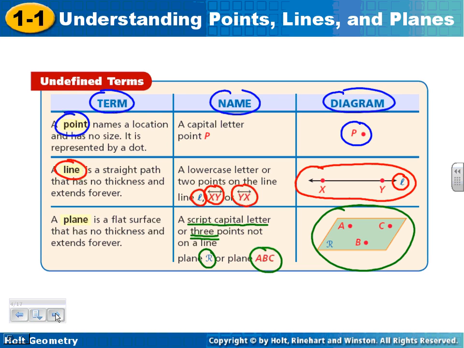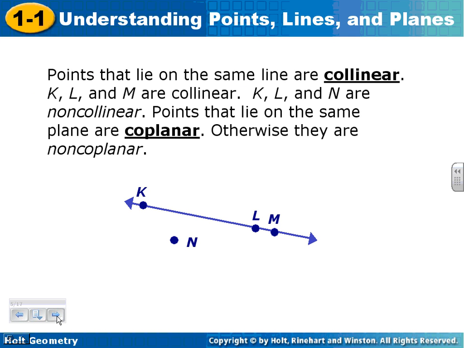Next slide. It reads, points that lie on the same line are collinear. That word collinear means points that lie on the same line. K, L, and M are collinear. K, L, N are non-collinear.